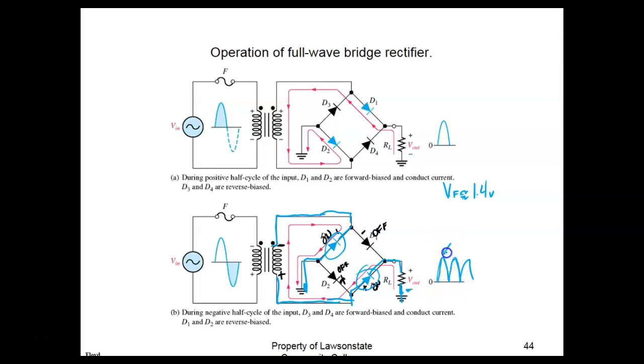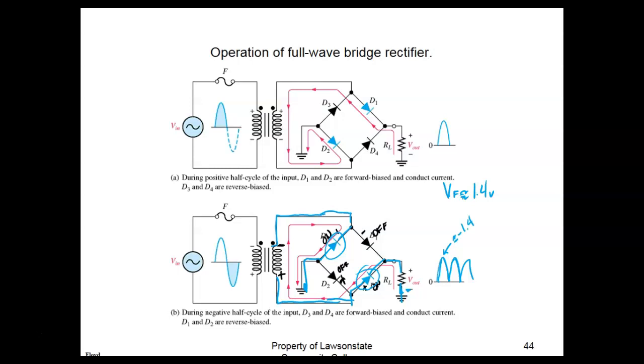So this right here would be equal to approximately 1.4 volts less than V peak. So the 90% would be close, but it's going to be off more than for the full wave center tap.